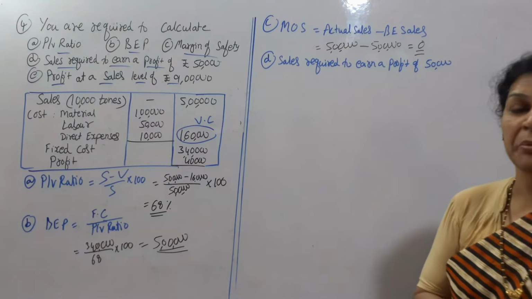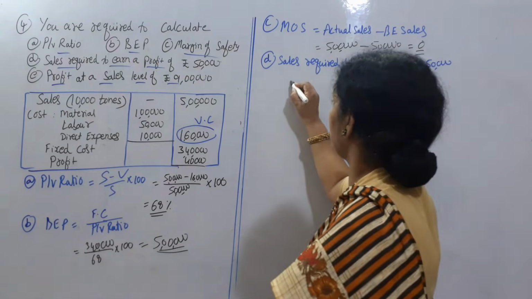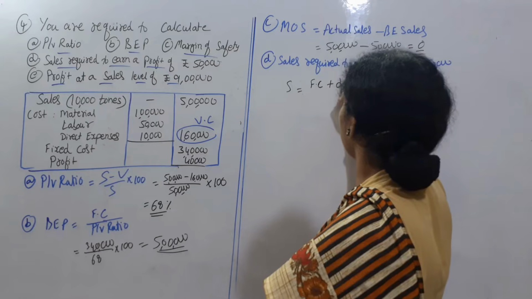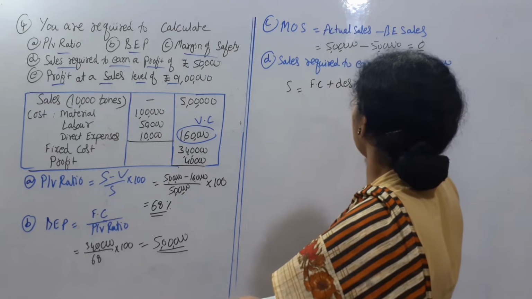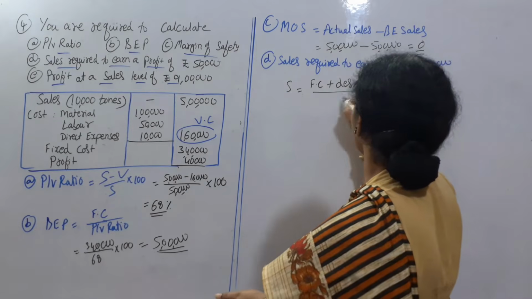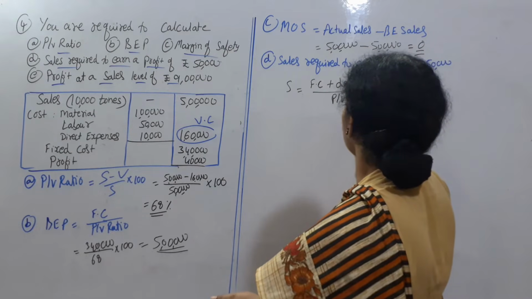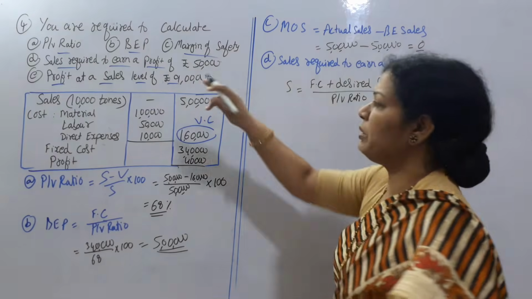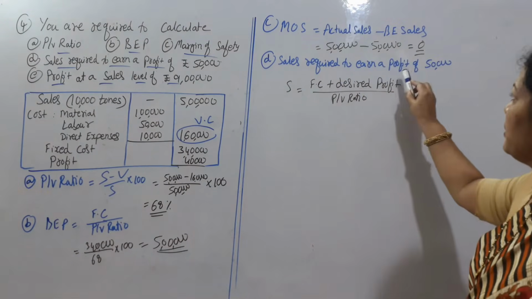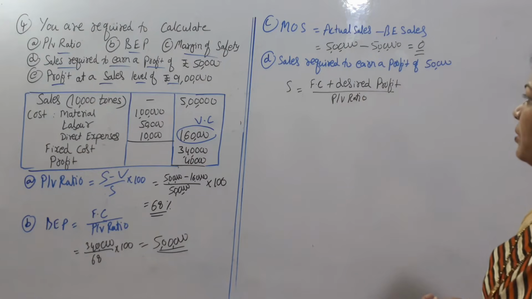One formula you have to remember: sales is equal to fixed cost plus desired profit by PV ratio. The same formula will be useful for the last one also. So now, sales required to earn a profit of 50,000.